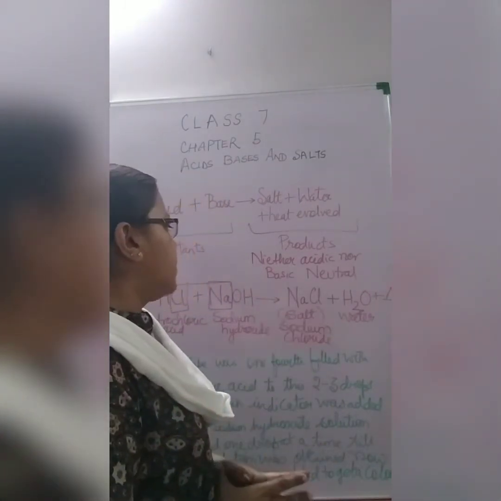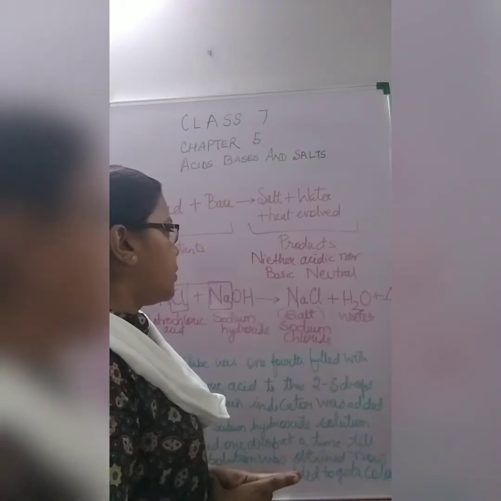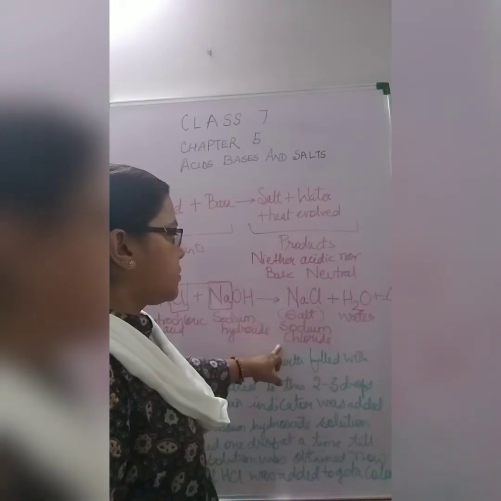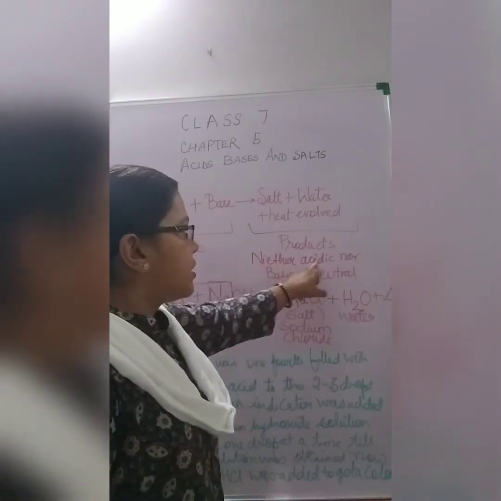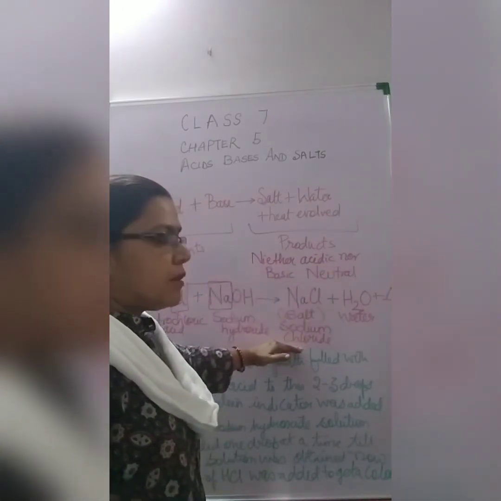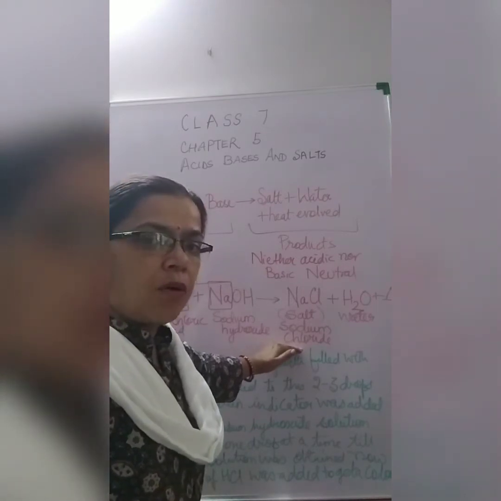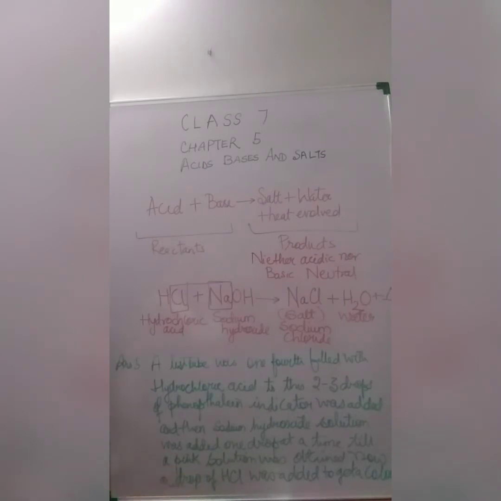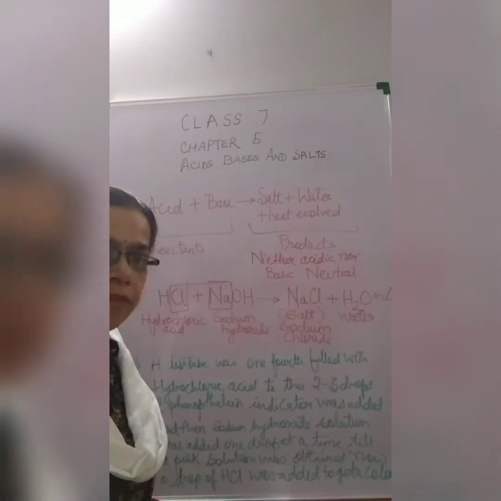So heat will be given out along with sodium chloride and water. This is a salt. It is neither acidic nor basic, and the given solution is now neutral. So this was the total thing that you had to write in question number 5.